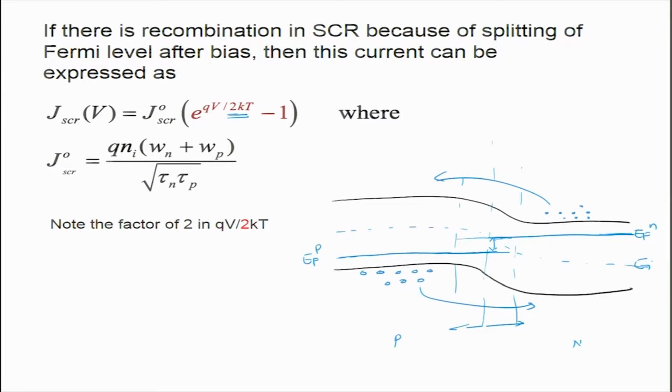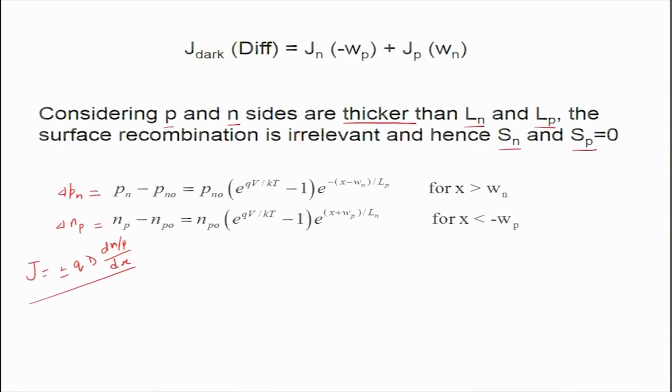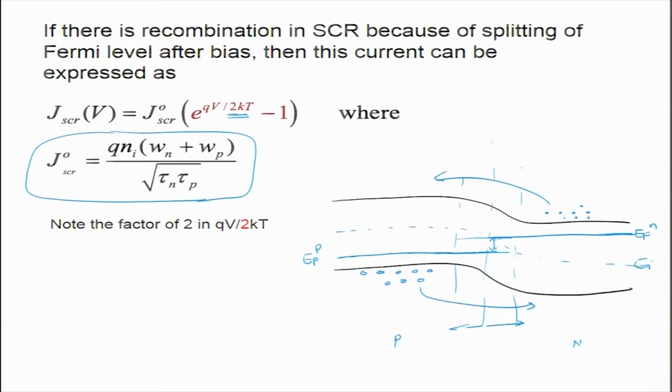Often the behavior is mixed, and this is the current, the space charge current pre-exponential factor, which is Q ni into Wn plus Wp divided by square root of tau n tau p, and this is from the same SCR current that we got. So, this is the SCR current that we invoked when we said that now you have a p-n junction which has an SCR in which recombination and generation is a possibility.